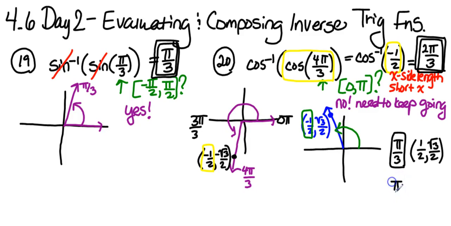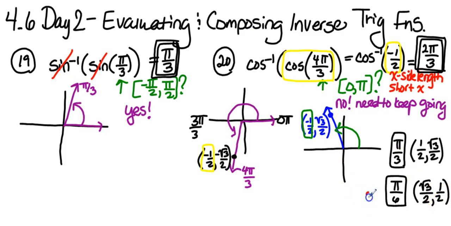In comparison, pi over 6 locations all the way around the unit circle is always connected to a root 3 over 2, comma, a half ordered pair.